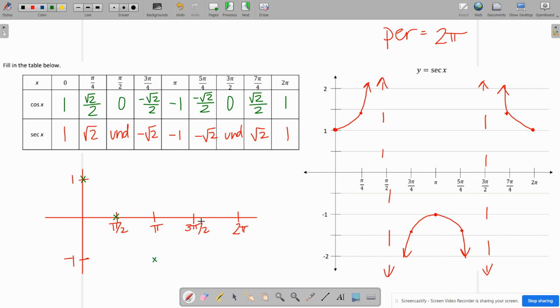Then it would go down, and it would go like this. So in order to graph secant, anywhere that you have a point that was on the midline, that is now going to turn into a vertical asymptote. And then these points will remain where they are, and they would open up like this. So this would be like a parabola opening down, or it would look like one, and then these ones would open up.